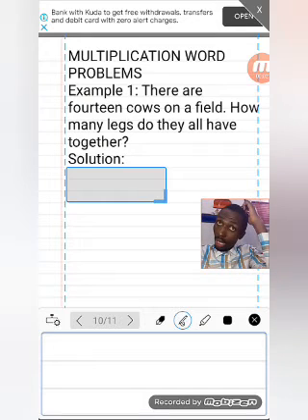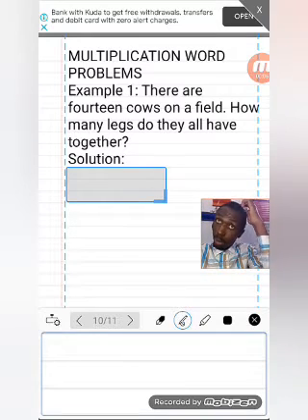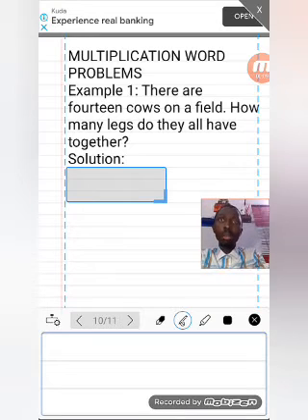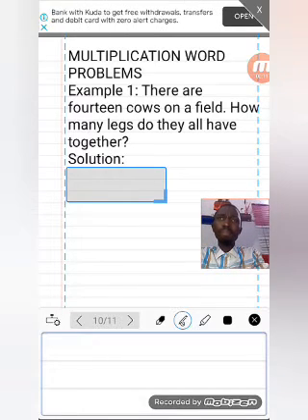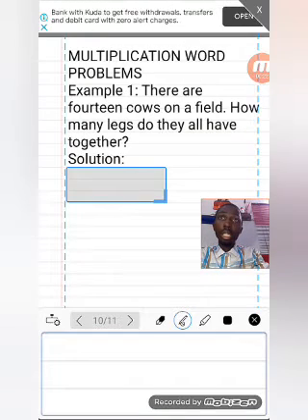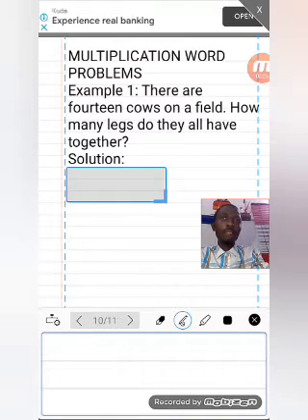Now, into the lesson, we are doing multiplication word problems. The first example that we want to use in making us familiar with how to do word problems based on multiplication says there are 14 cows on a field.